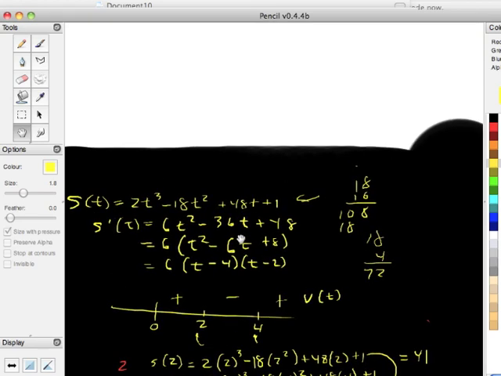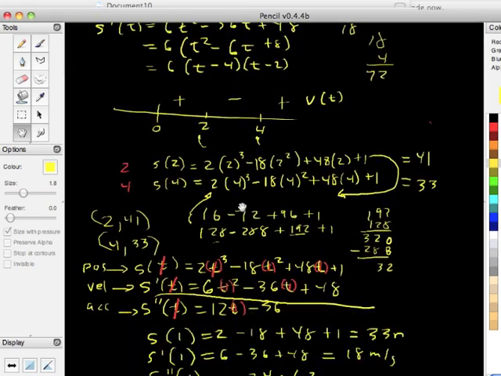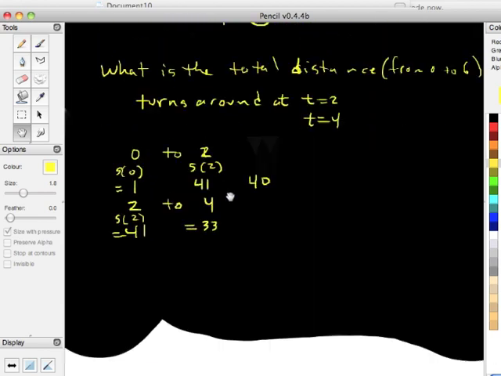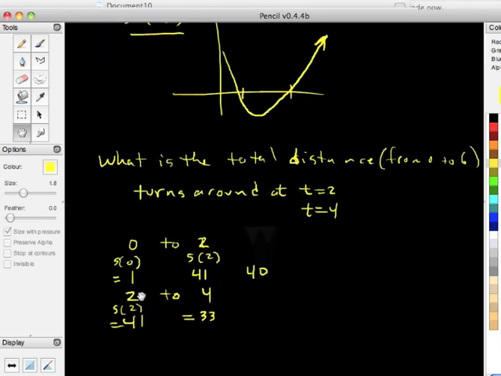Let's go all the way up here. The position at time 2 was 41. The position at time 4 was 33, which is what I wrote right there. Position 2 is 41. Position 4 is 33. So how far did it travel then? It traveled 8.